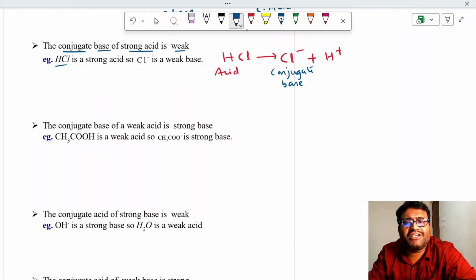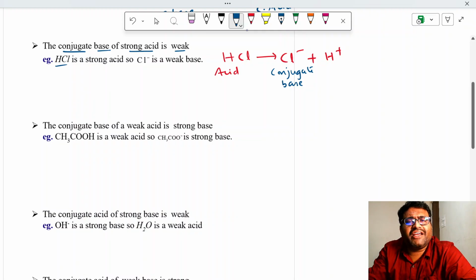So when it is highly stable, will it like to take a proton again? No. If Cl minus had more tendency to take a proton, we would say it is a strong base. A strong base means the one which has more tendency to accept a proton. So Cl minus, as it is highly stable, does not have a tendency to accept a proton. It doesn't want to take the proton because it is already stable.